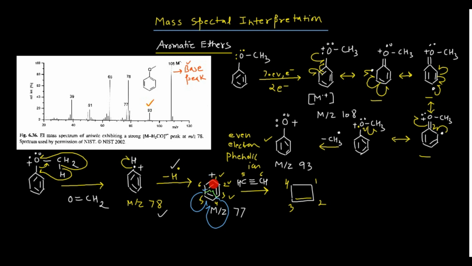I made a little mistake, so let me correct it. This is not 5 and 6; this is 4 and 5. Very sorry. This is just for the sake of explanation, nothing to do with the IUPAC system. I have broken this particular bond and this particular bond, so this is 1, 2, 3.